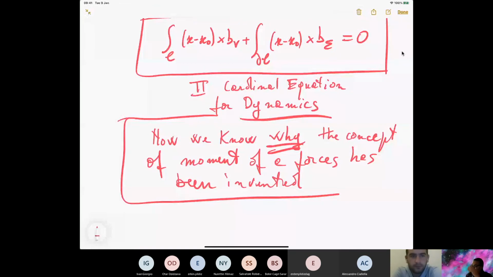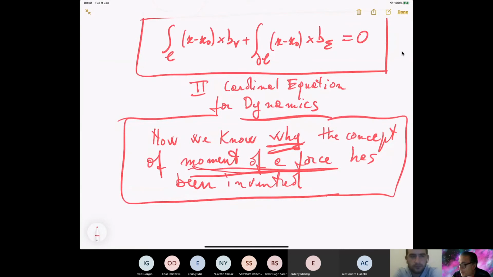Historically speaking, it is certain that the concept of moment of a force has been invented making this calculation, so calculating the work done by the total forces applied to a physical system while calculating the first variation of total energy and imposing equilibrium conditions.